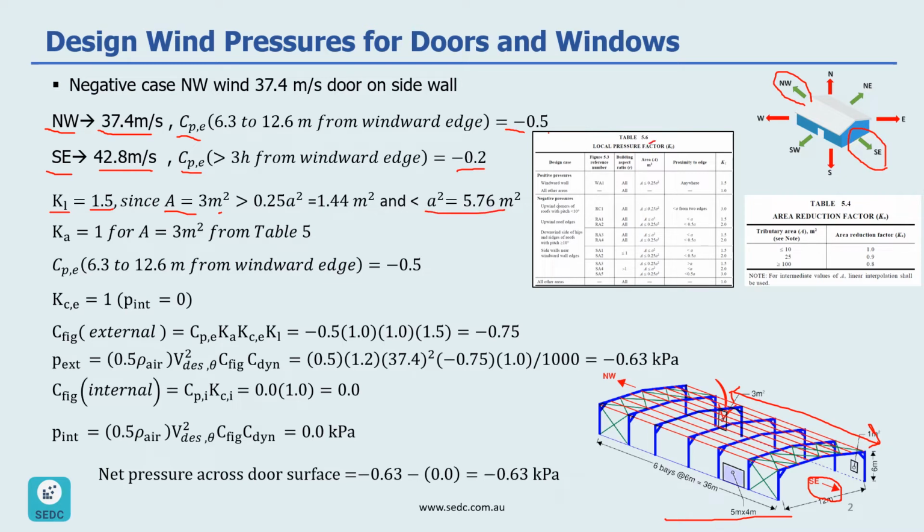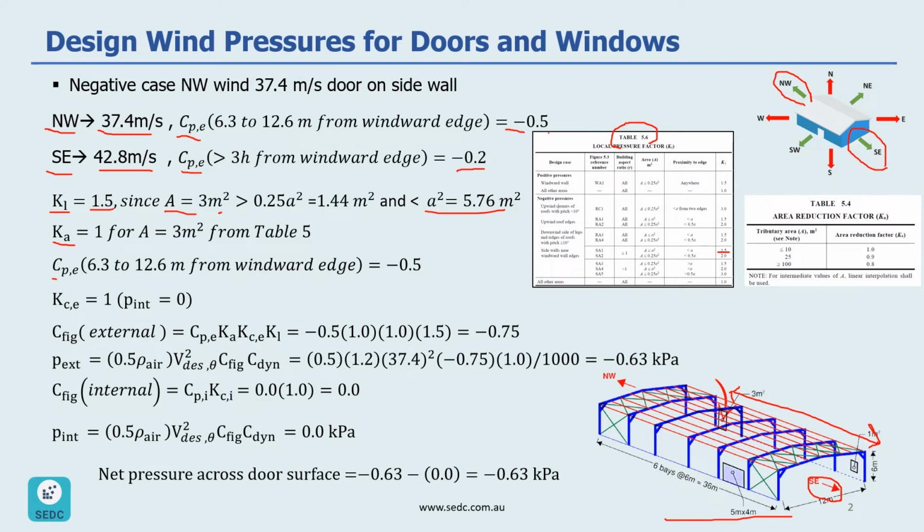So if we look at table 5.6 from AS 1170.2, we can see our case is going to fall here, and our KL would be 1.5. So Ka is going to be 1 because the area of the door is 3 square meter and is less than 10 square meter. So from table 5, Ka would be 1.